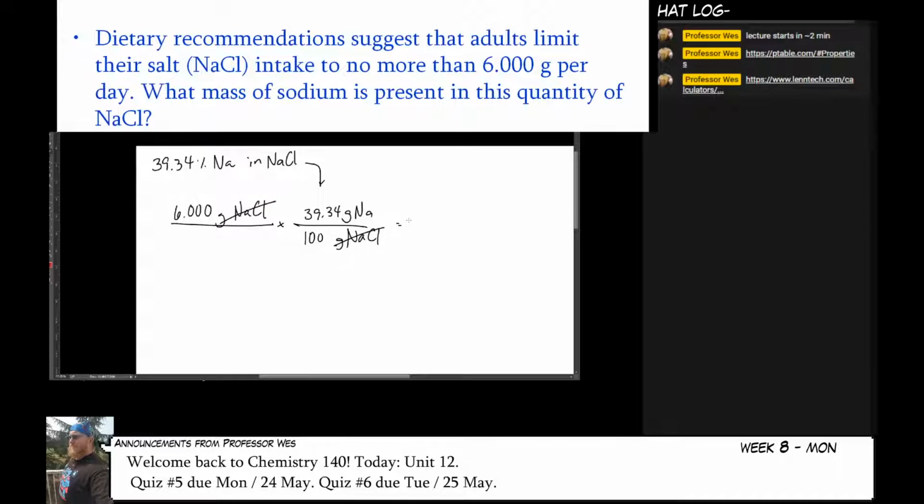And so I get, well, if I could type it in correctly in the calculator, 2.360 grams. Or you may have heard this number quoted somewhere, which really they just reported as 2,300 milligrams, which is close enough, right?